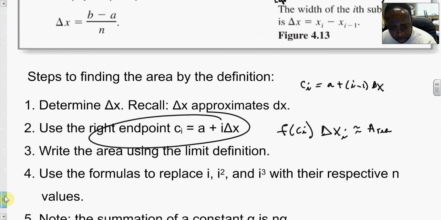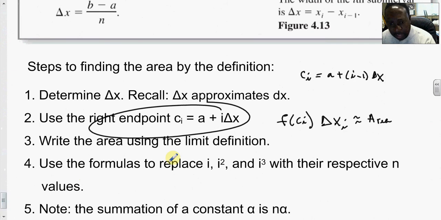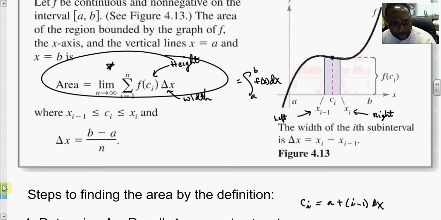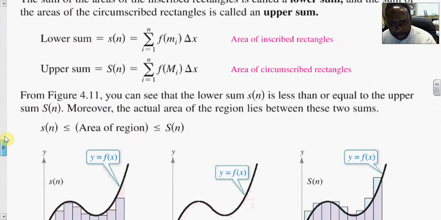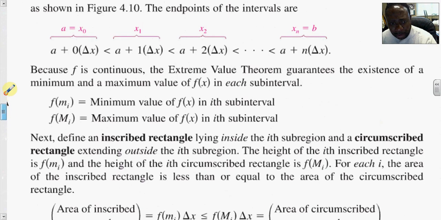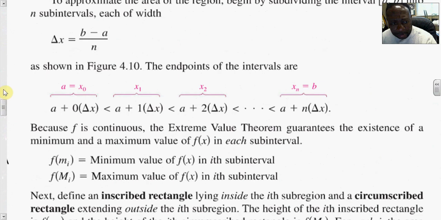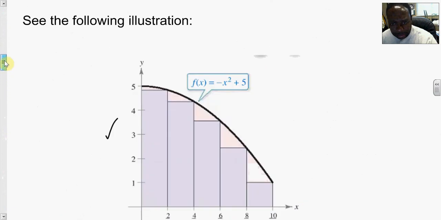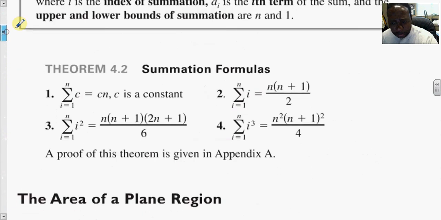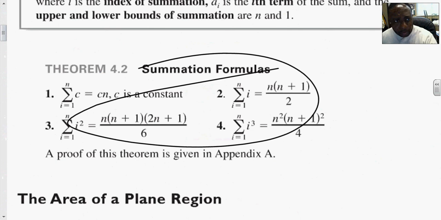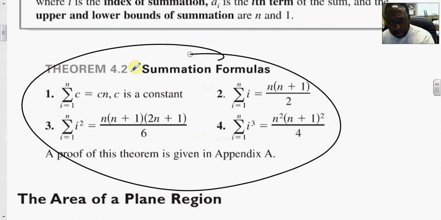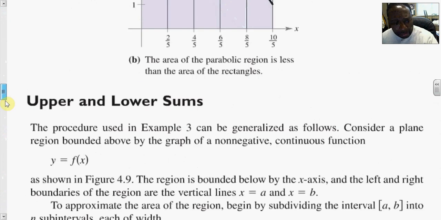You're going to do some simplification. You're going to have these i terms in there, i or i squared or i cubed. That's what's given up here above in terms of how to compute i, and use those formulas there.